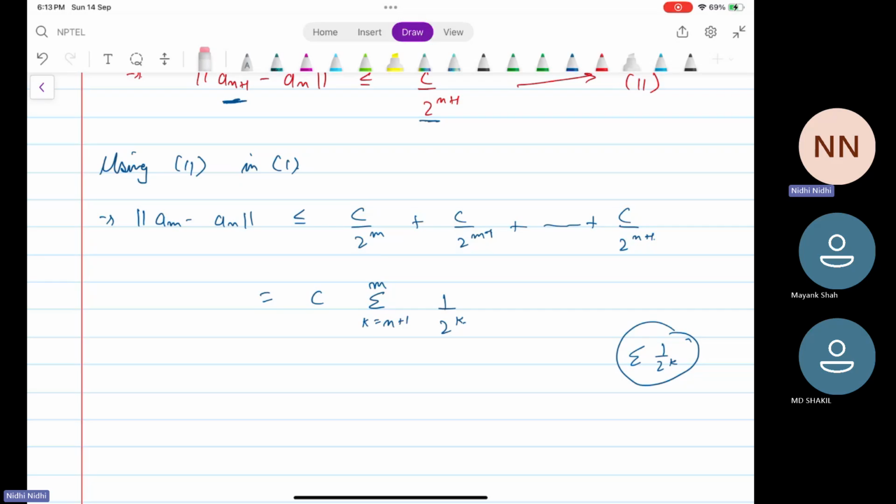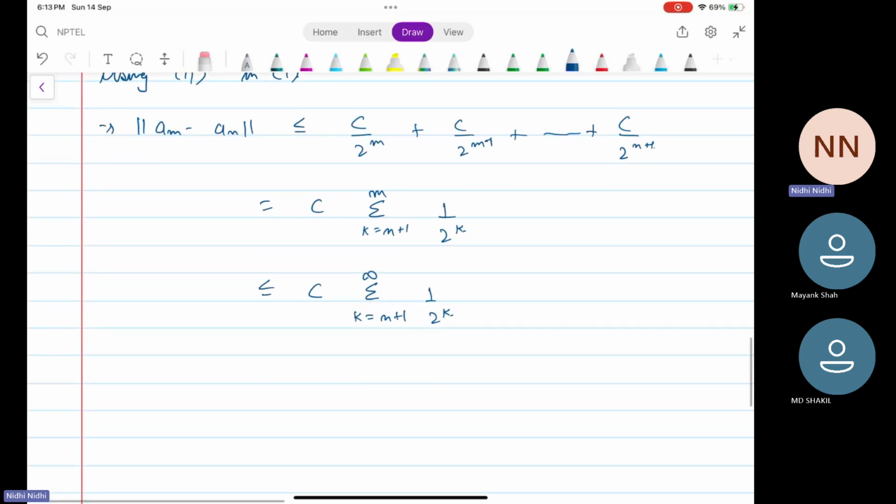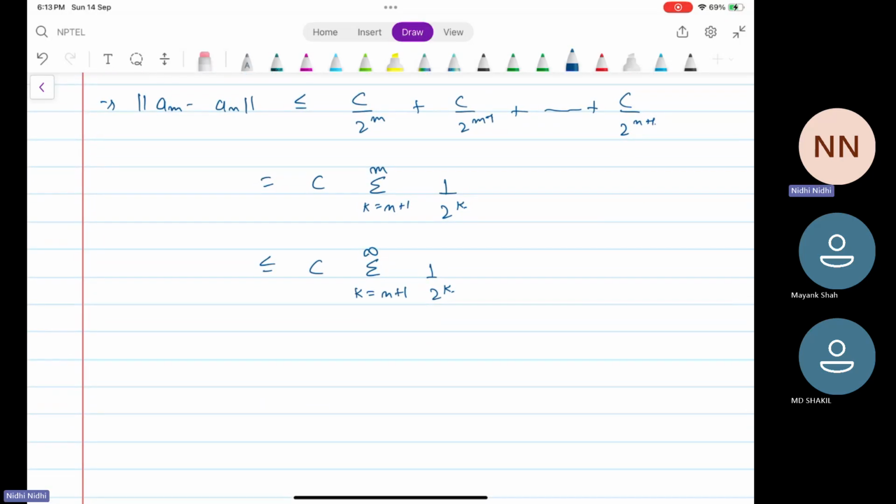So this is less than or equal to c times summation k from n plus 1 to infinity of 1 upon 2 to the power k, and now this is a tail of a convergent series. So this can be written as strictly less than epsilon for all n greater than or equal to n naught.